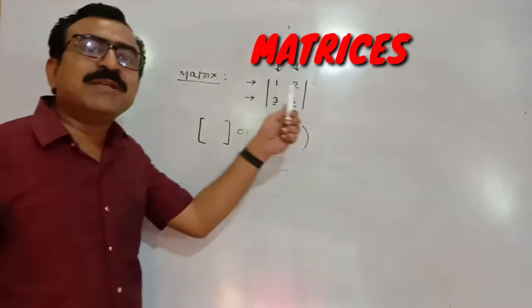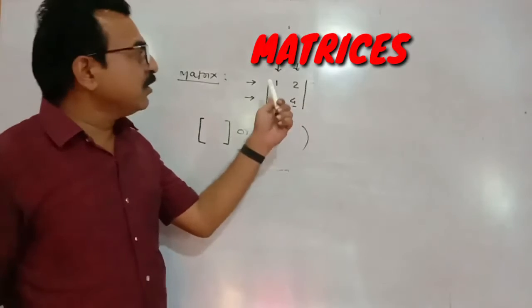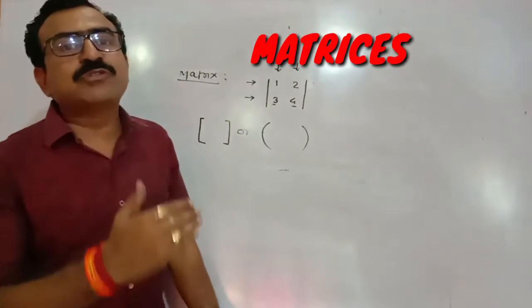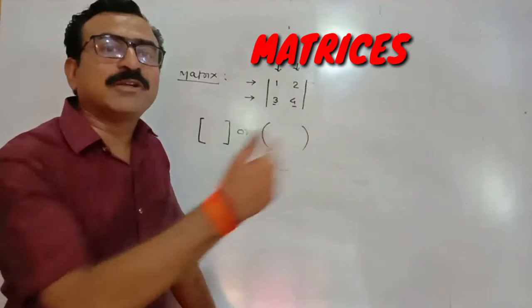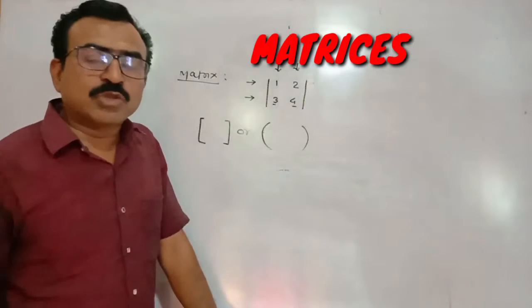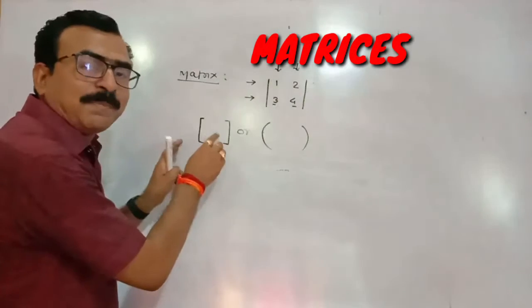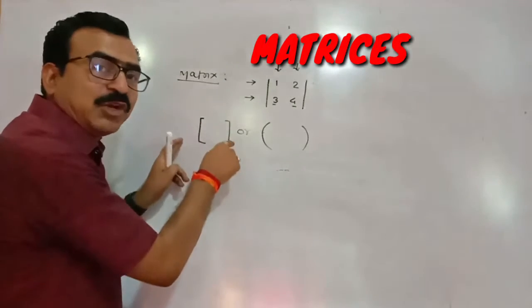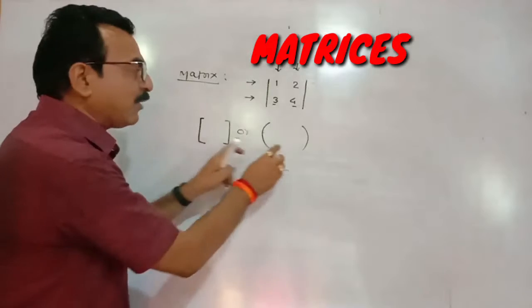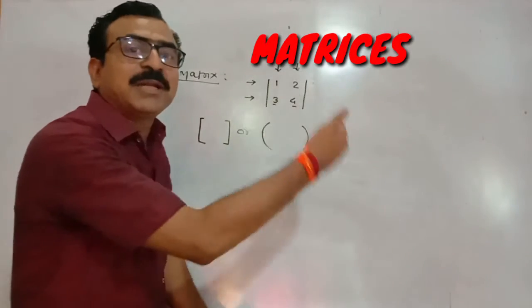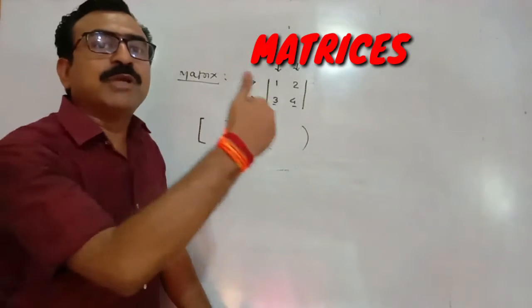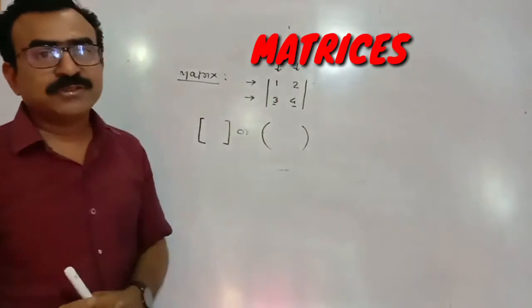Matrix is the arrangement of numbers in rows and columns. Similarly, determinant is also an arrangement of numbers in rows and columns. The basic difference is that in a matrix, these arrangements are enclosed in square brackets or simple brackets, but in a determinant, the same arrangement is enclosed between 2 parallel lines.